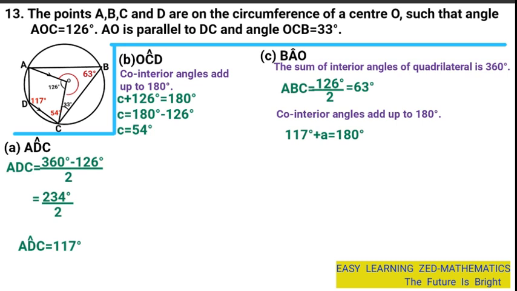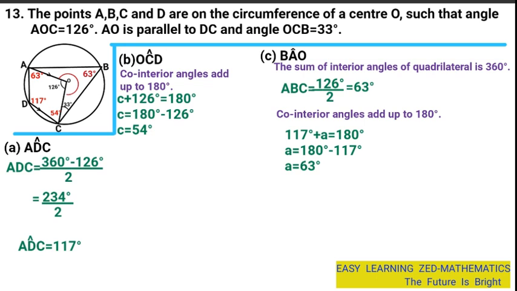Angle A is equal to 180 degrees minus 117 degrees, which gives A is equal to 63. So the value of angle DAO is 63 degrees, which I have also written there.